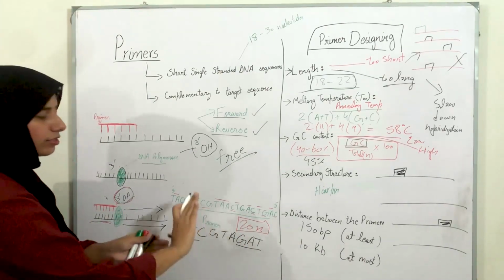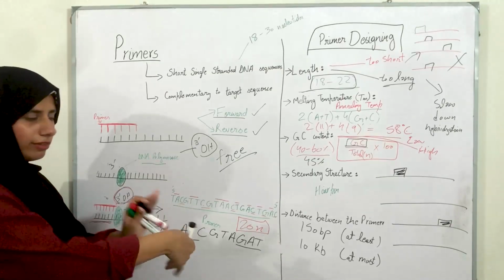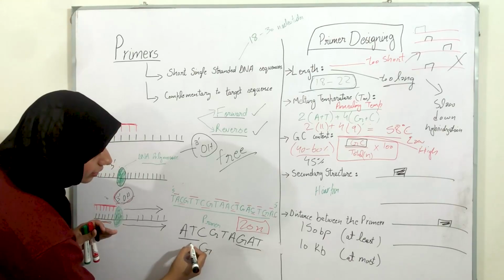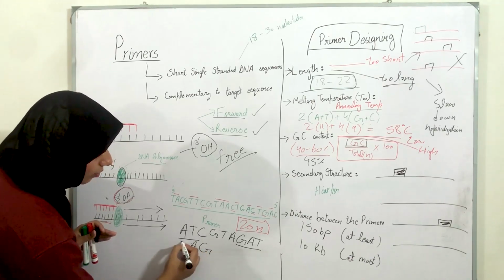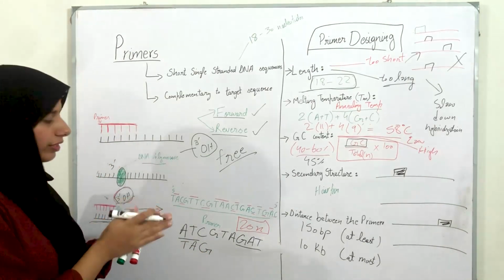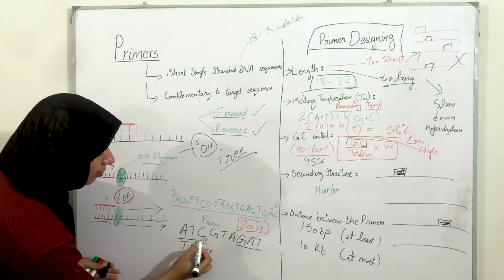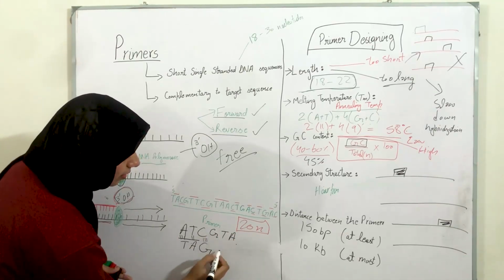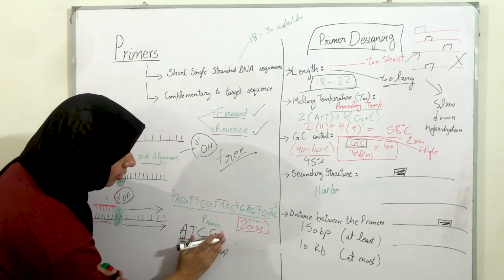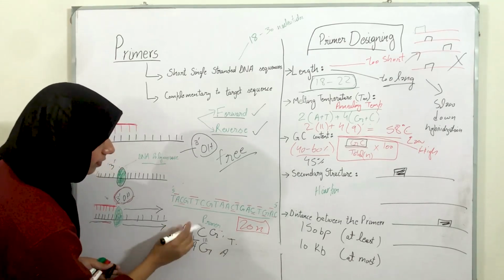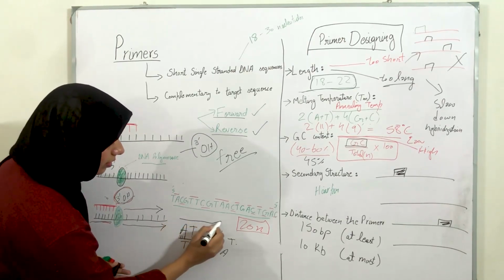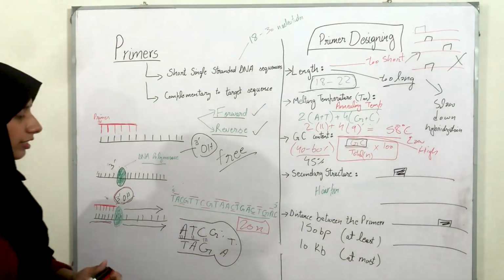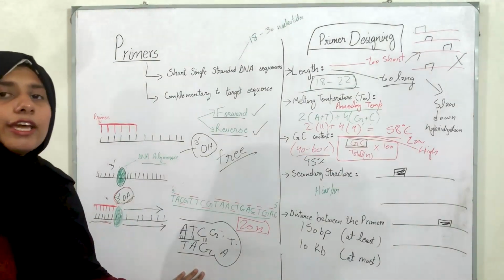If this primer folds itself in that way so that the GAT, the complementary strand, comes in front of it and they start making bonds, this is the secondary structure known as a hairpin.